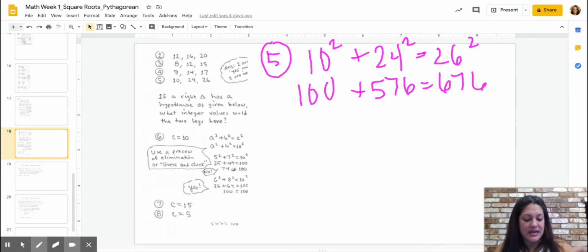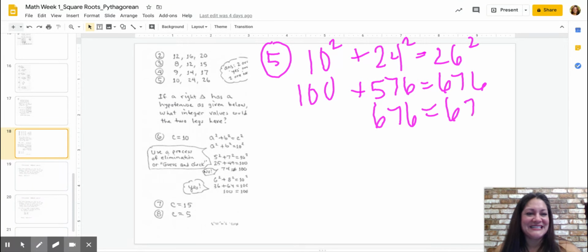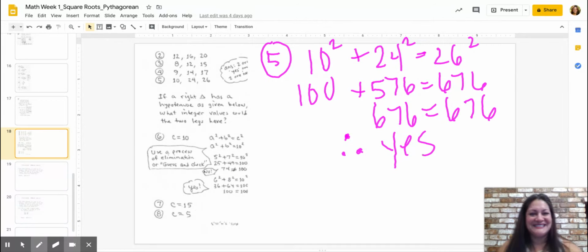I know it's rare that I make a mistake. I mean, really, really rare. But you might want to check my work. All right, and I can look at this easily. 100 plus 576 equals 676. Therefore, winner, Pythagorean dinner. That would be a yes, right?